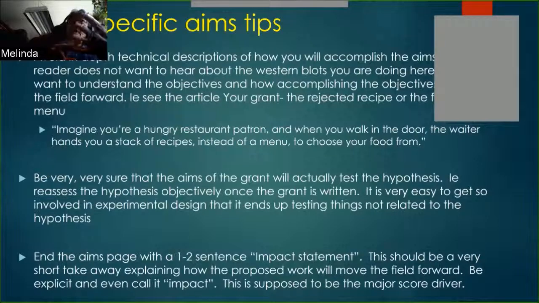Now, the things to keep in mind about impact: is the project important? That's significance. Is the approach likely to be successful? Is the investigator capable of doing it? And is the research environment the right research environment for doing the project?